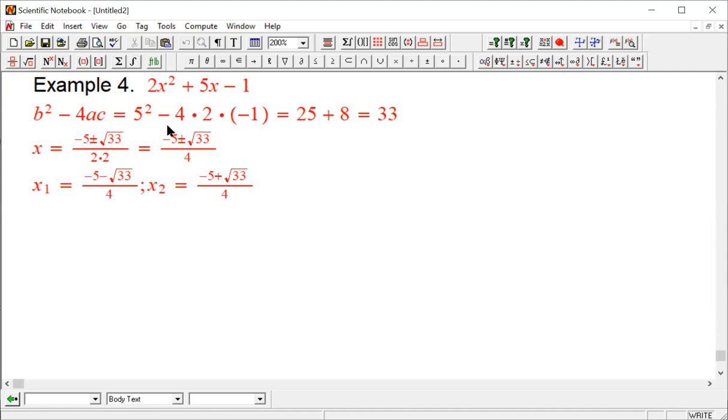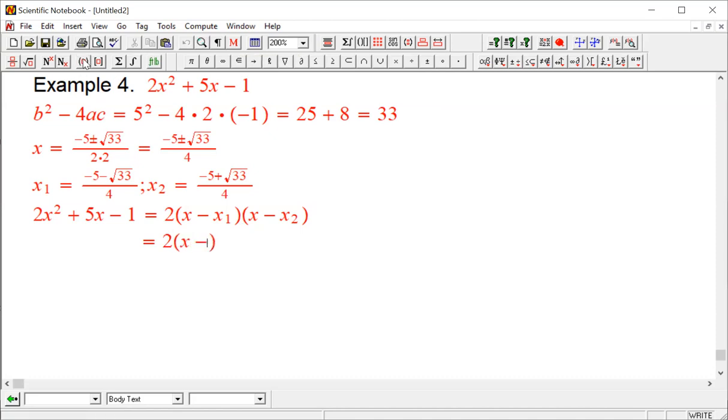And the factors will be x minus x sub 1 multiplied by x minus x sub 2. But here, be careful. a is not equal to 1, so we're going to have to put 2 outside. Let's check if it's going to work. If it doesn't work, we're going to make some adjustment.